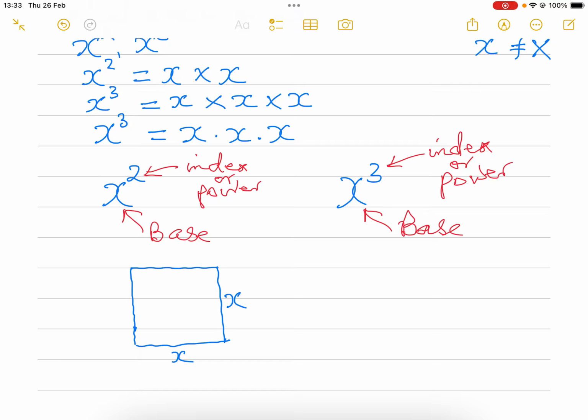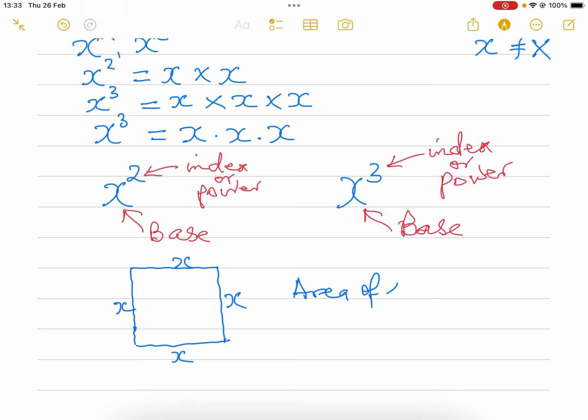In a square, all the sides are equal. So let's say each side of a square is x.